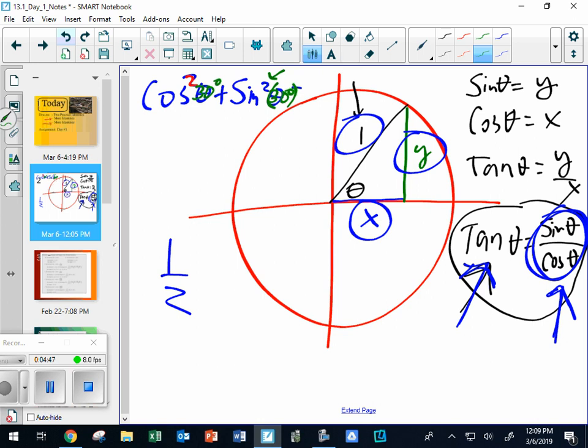And then cosine of 30, if I draw myself the 30, 60, 90 triangle, 1, 2, square root of 3, what's the cosine of 30? It's root 3 over 2. What do you think is going to happen when I take root 3 over 2 and square it? 3/4. And the other one was 1/2 times 1/2, which was 1/4. Look at that.